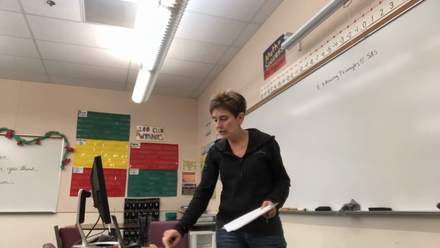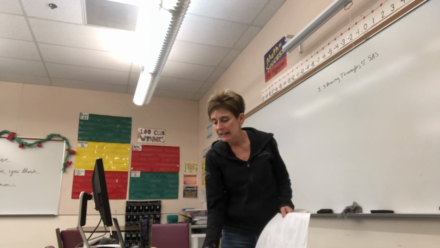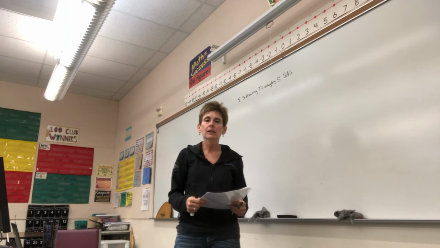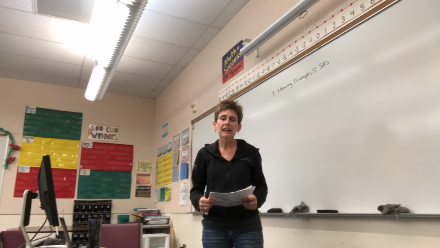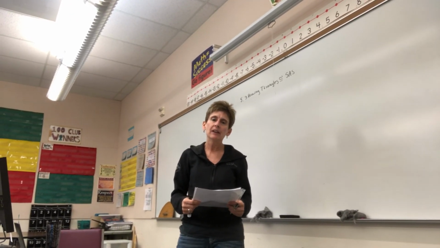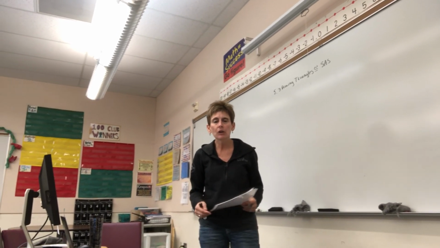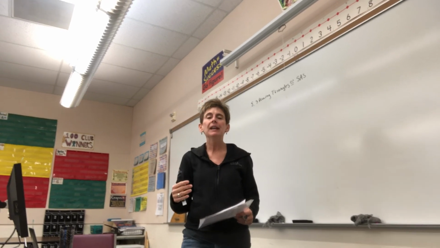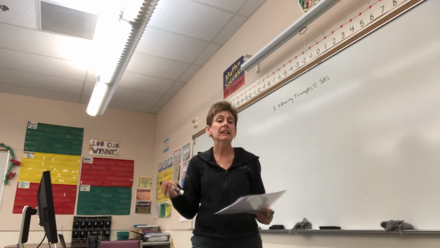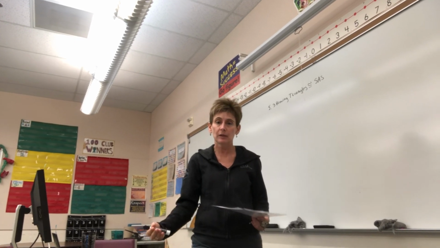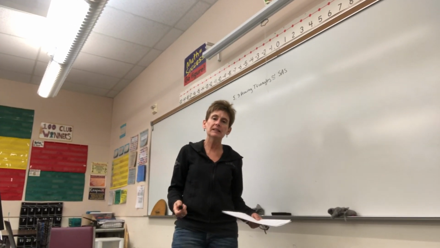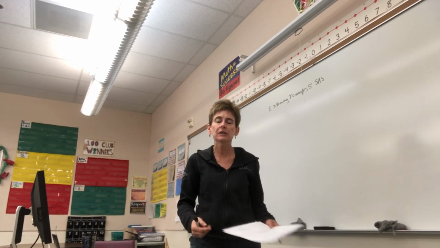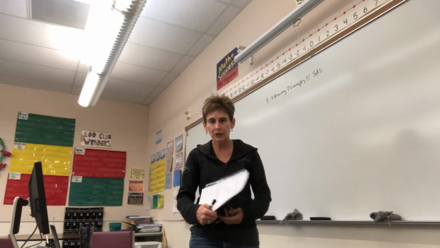One of the ways in which Chapter 5 can be a little bit more straightforward is if you have your two documents called 5 Steps to Doing a Proof, and then also the one that says Word Bank for all of Chapter 5 proofs, because that will give you step-by-step instructions on how to set up each proof, and it will also tell you basically all the possible words that you might need to use in a proof. So if you have those two documents out while we're doing notes as well as while you're doing homework or during Zoom sessions, it will make it a little bit easier for you.